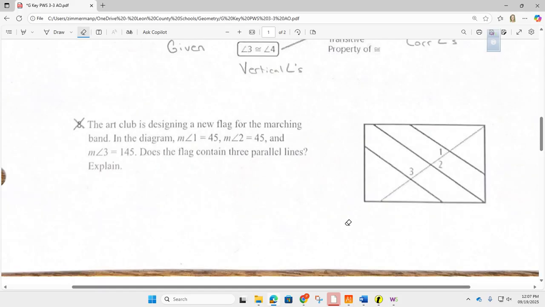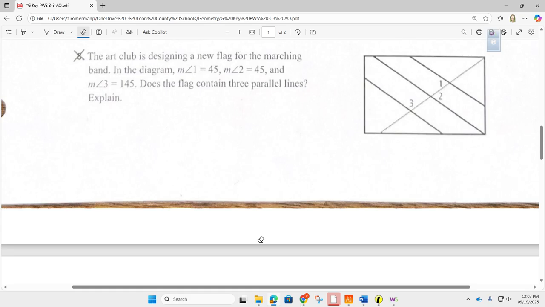I don't have the answer for that one off the top of my head. I haven't worked it yet, but let me know if you want me to work that one. I will.